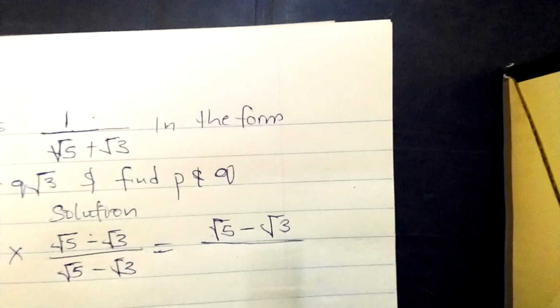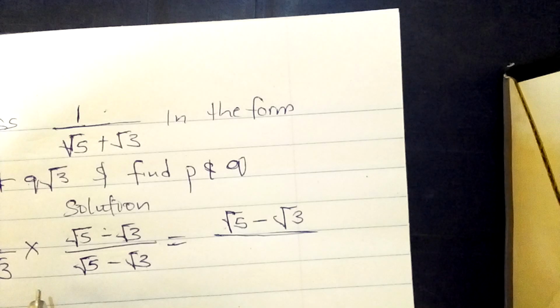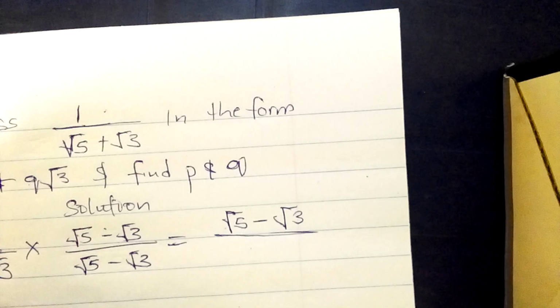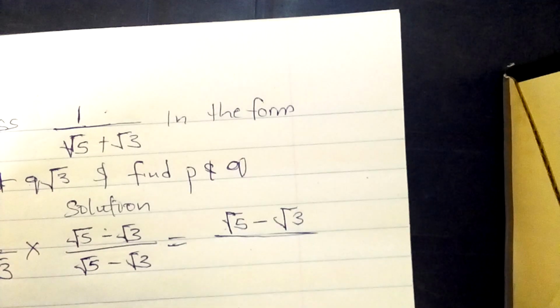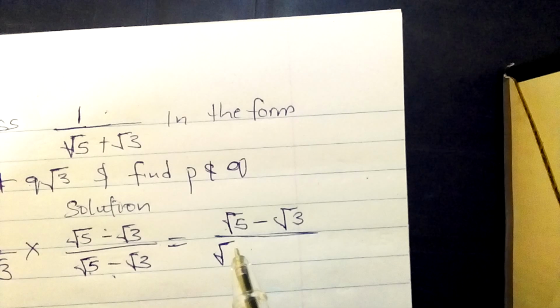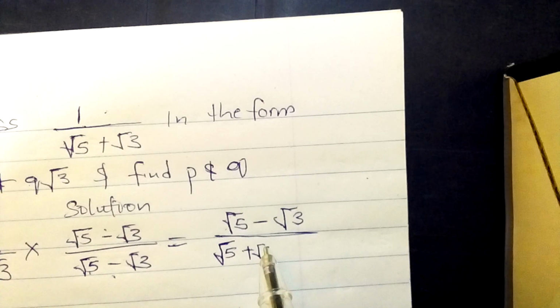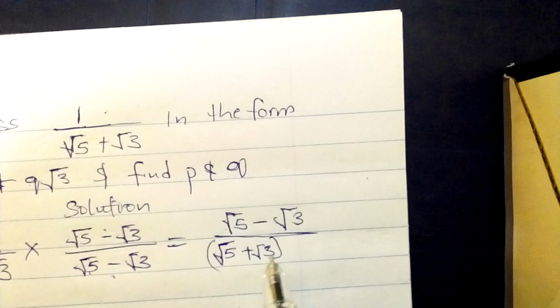And I taught you whenever you are multiplying the denominator of a surd that you are rationalizing, we have something of this nature. I'm just writing it down: root 5 plus root 3 all in bracket, then the next one is root 5 minus root 3 also all in brackets.